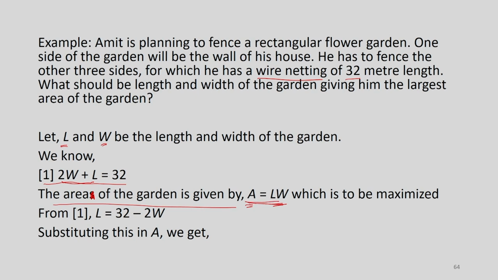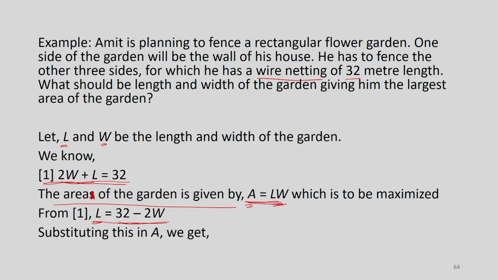What we do is that we use this particular relationship 1, which is 2W plus L is equal to 32. From this relationship we express the length, that is L, as a function of the width. So we get L is equal to 32 minus 2W. This will help us to convert the A function into a function of a single variable.